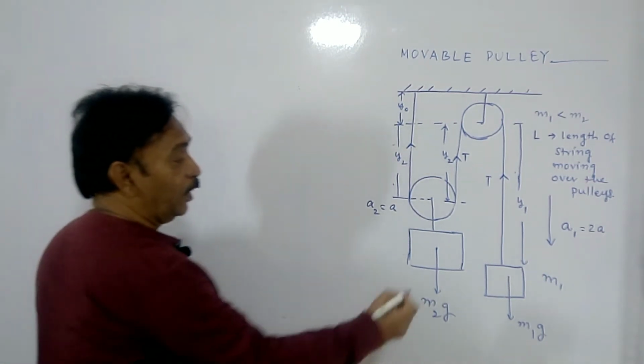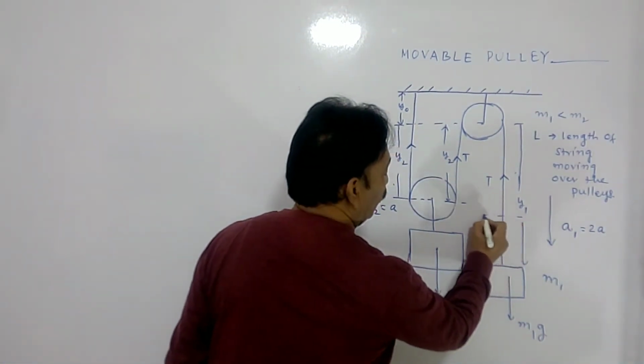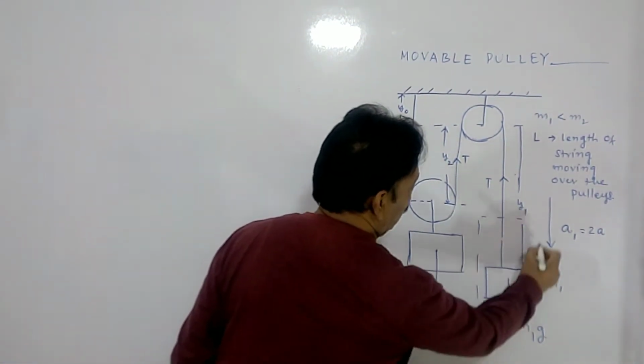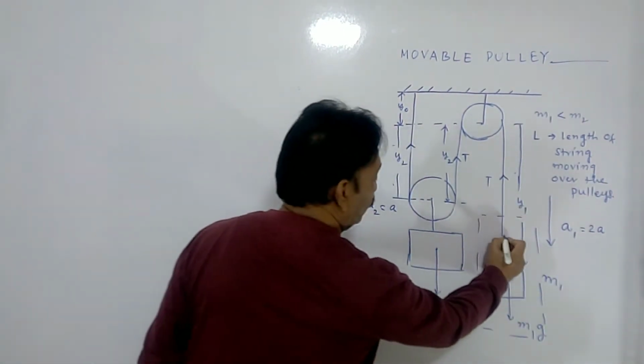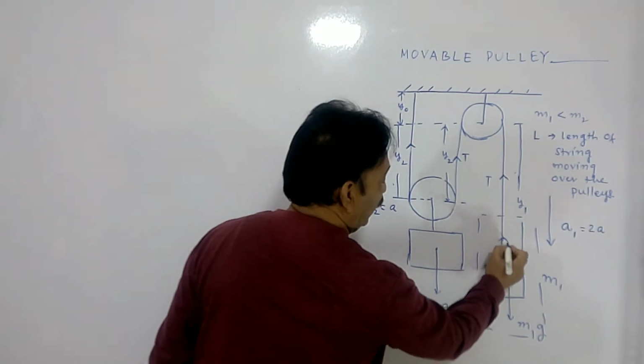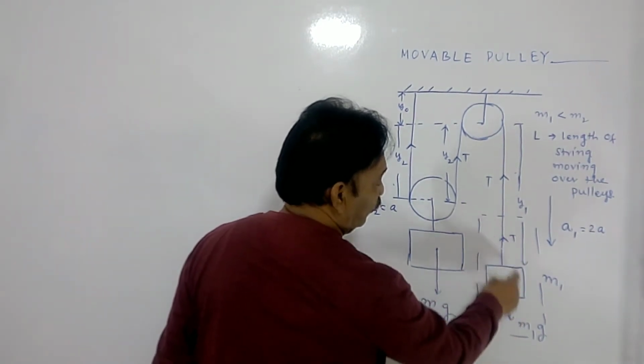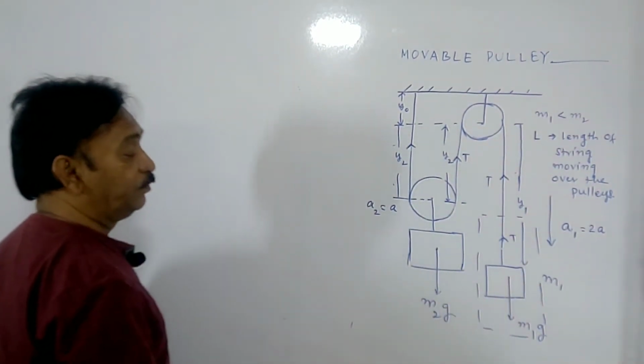If you draw the free body diagram of this one, the difference between the weight as well as the tension provides the acceleration.